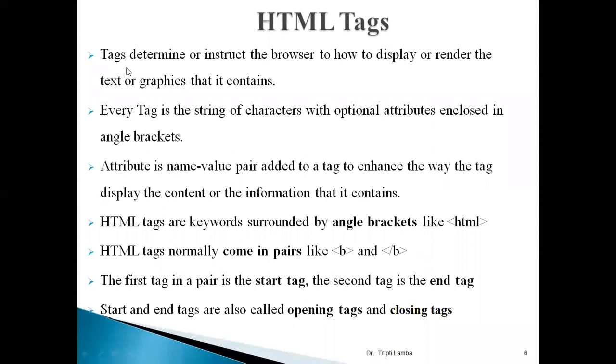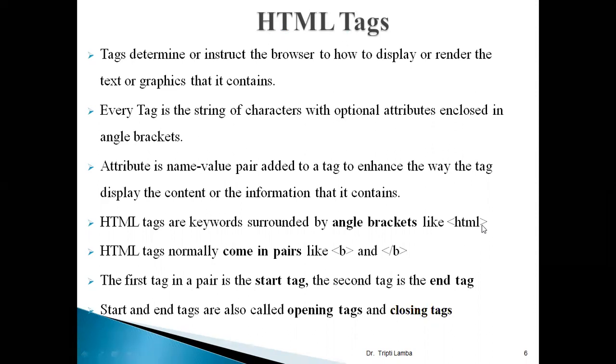Now, tags instruct the browser how to display or render the text or graphic that it contains. Every tag is a string of characters with optional attributes. Now I will talk about what we mean by attribute, right? I have a particular tag. For example, in this screen, there is one word written as HTML.